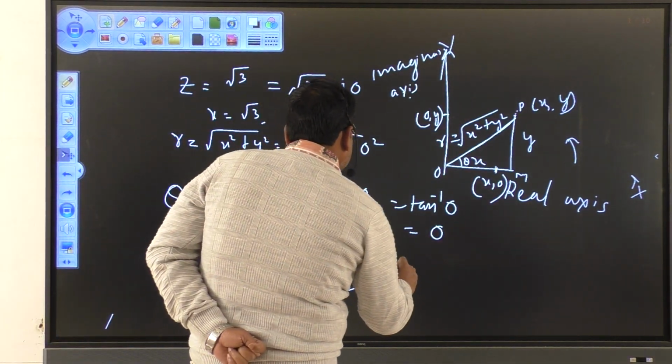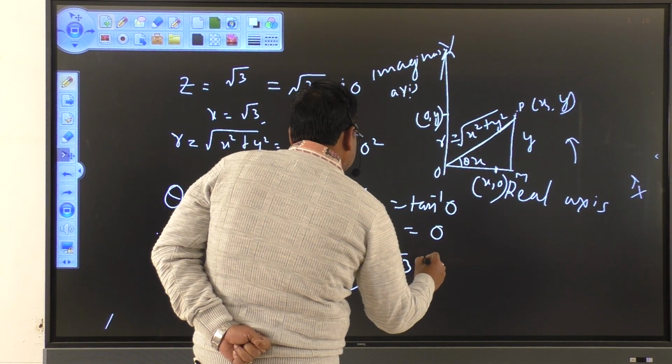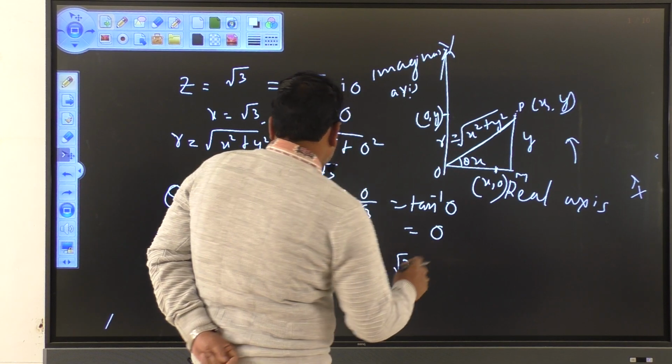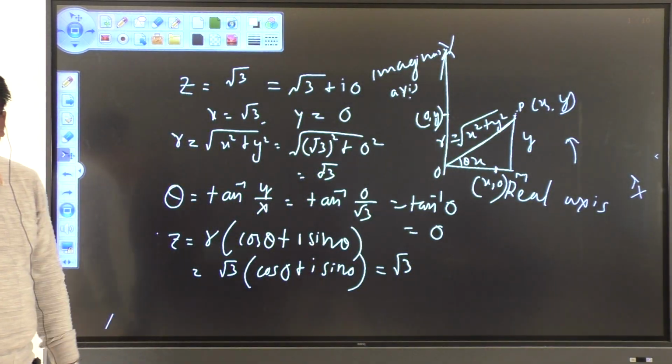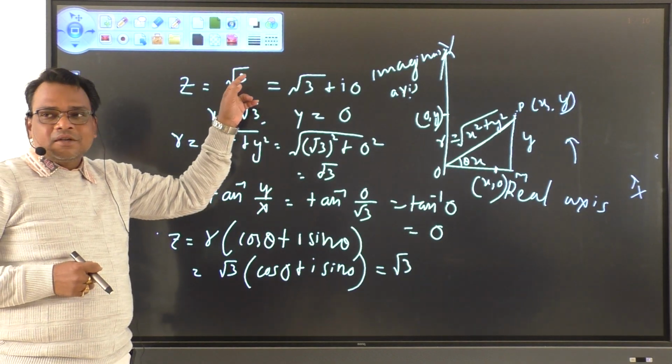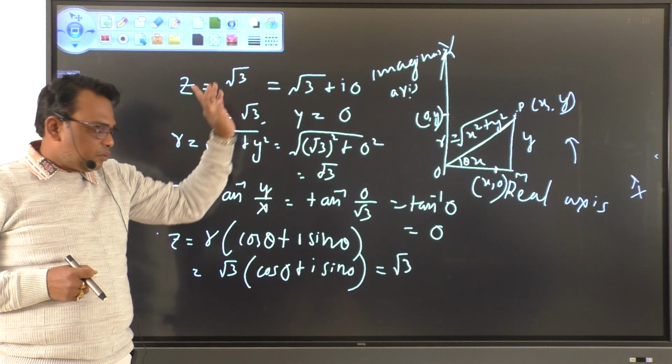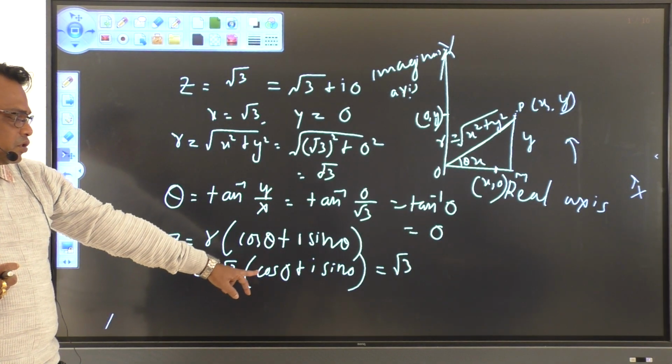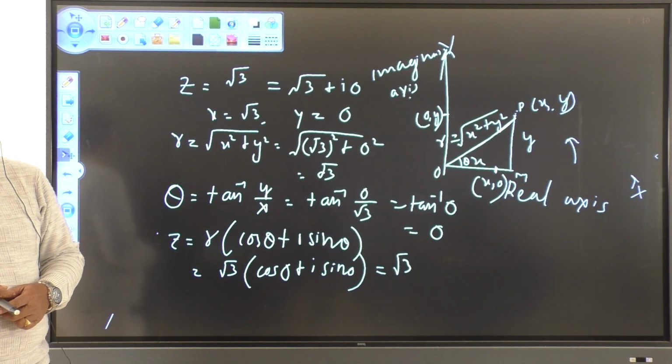This is equal to root over of 3. So root 3 into cos 0 plus i sin 0. This is the polar form.